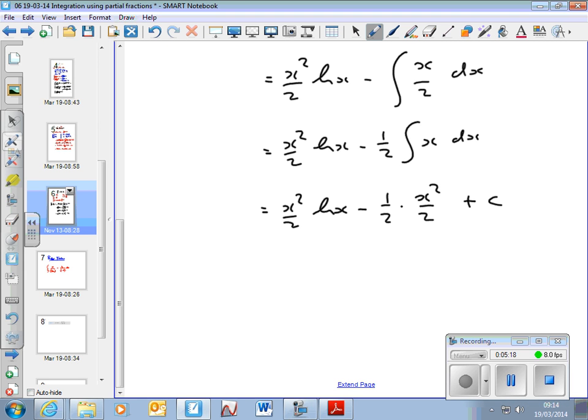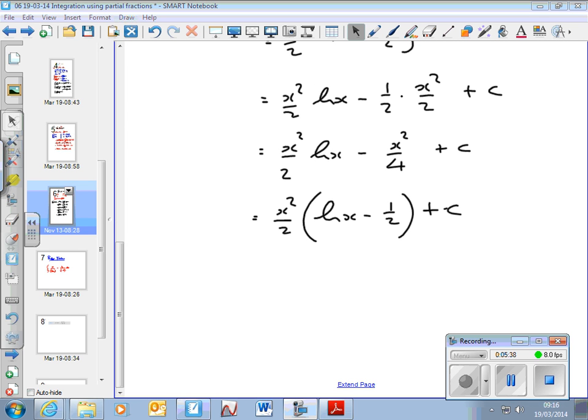We can tidy up and factorise that, try and make it look better. We can multiply that half by the 2 here, and then think about taking common factors outside a bracket. There's a couple of ways.